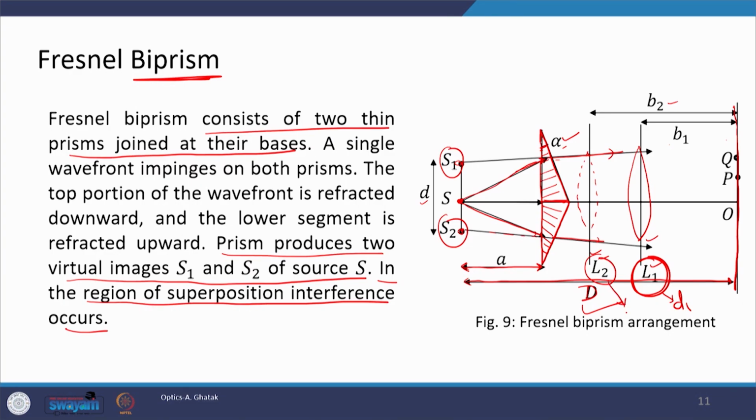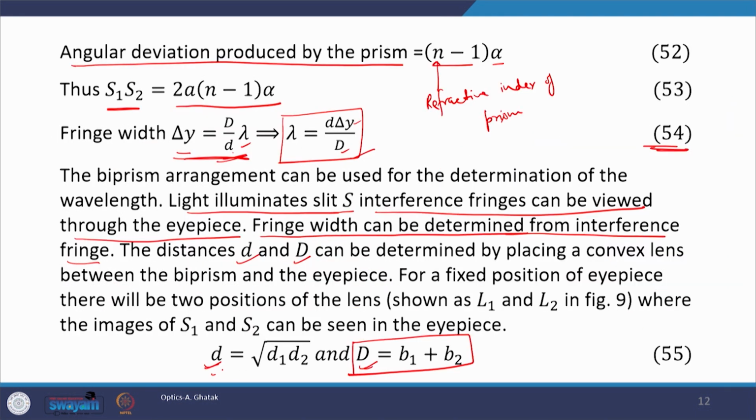Say in this case the separation is d2, then d is calculated by taking the square root of the product of d1 and d2. That is, d would be equal to the square root of d1 d2.